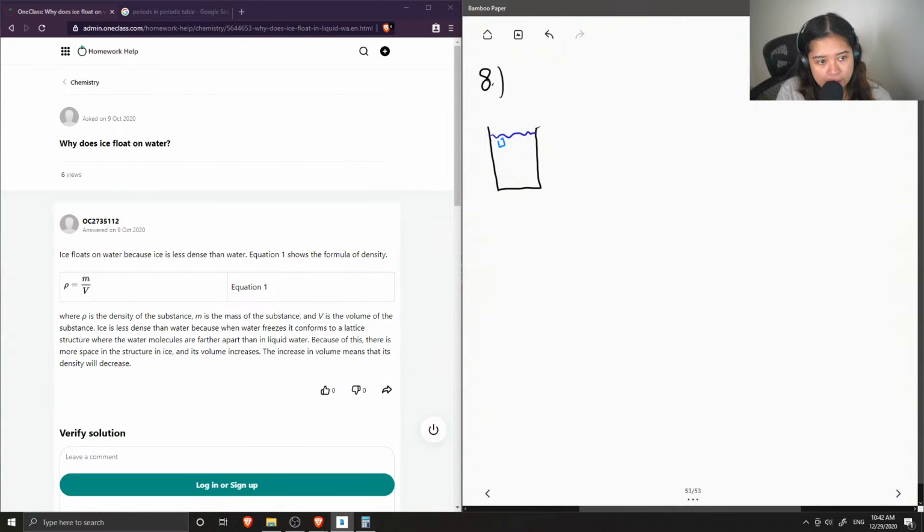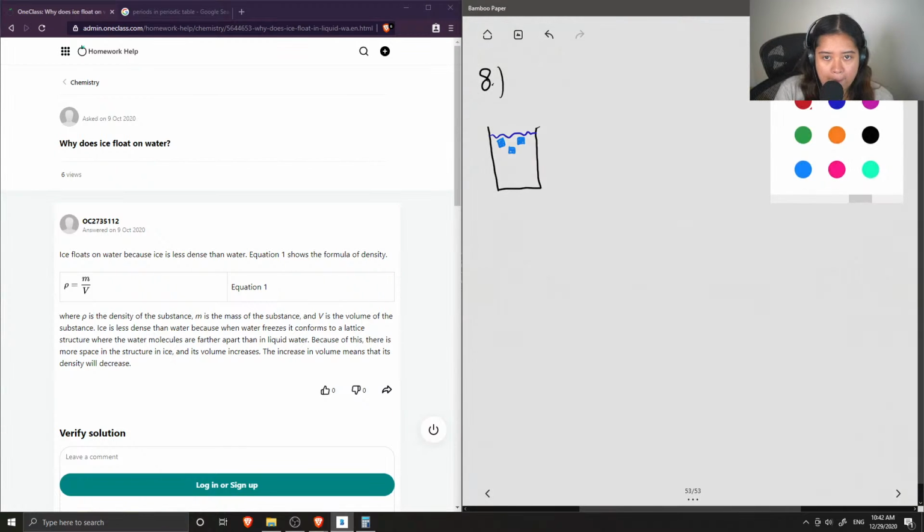And you can typically observe your ice cubes, and they always want to float to the top for some reason. And usually when we have solids in a liquid, they just sink straight to the bottom. But in the case of ice, they float on the surface of water.